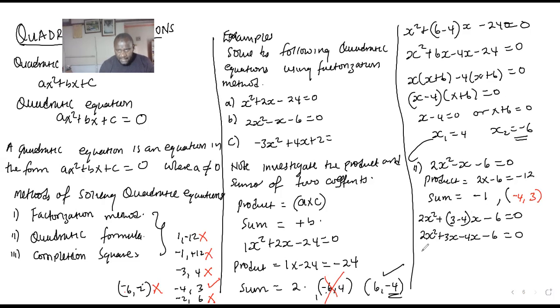Therefore, I can factorize here to have x into 2x plus 3 minus 2 into 2x plus 3 is equal to 0. Therefore, x minus 2 and 2x plus 3 is 0. This will confirm x is 2 and x is -3 over 2.